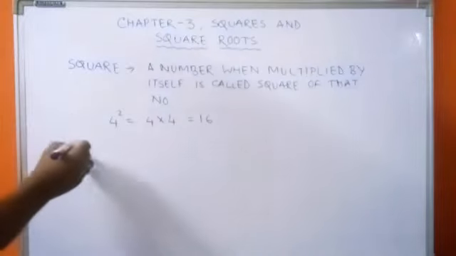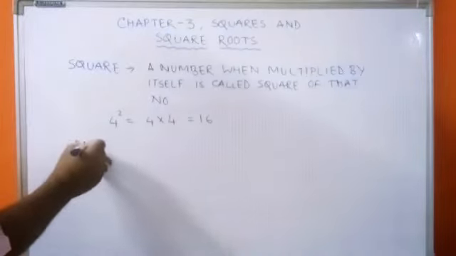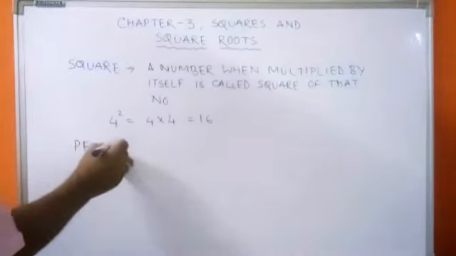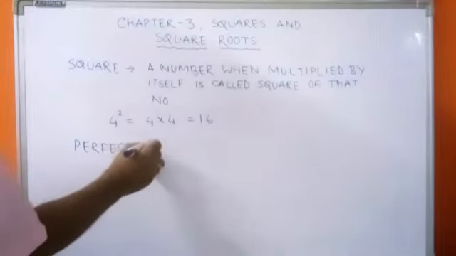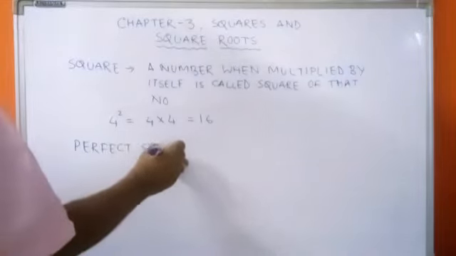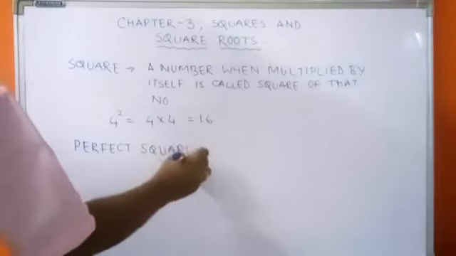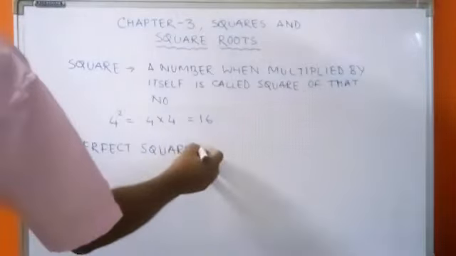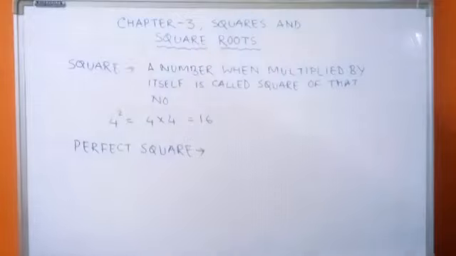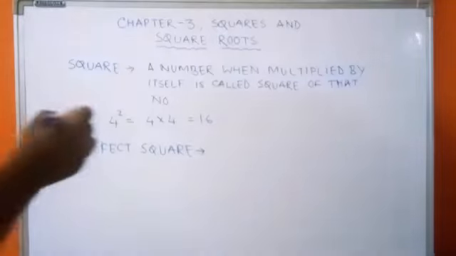Next topic is perfect square. When a natural number is multiplied by itself, it is called a perfect square of that number.